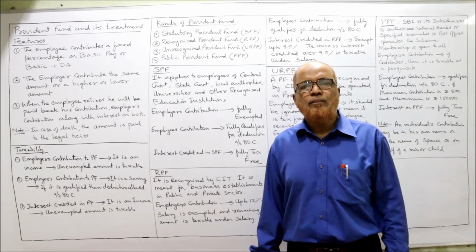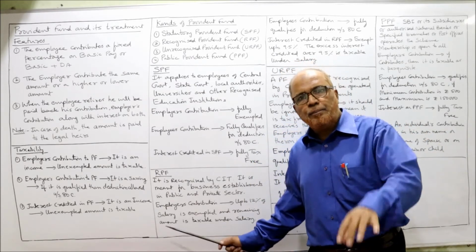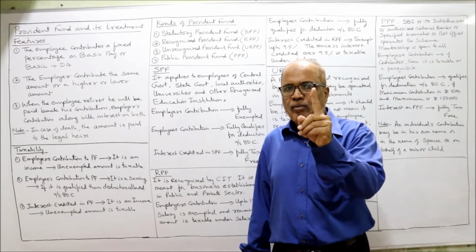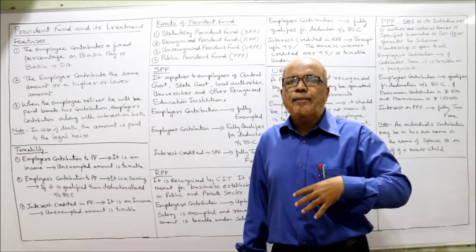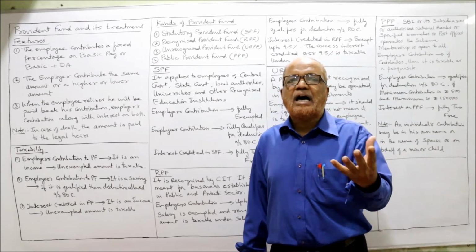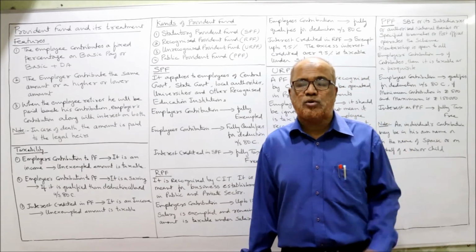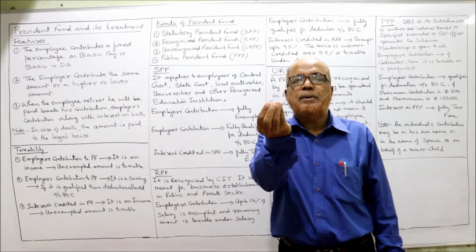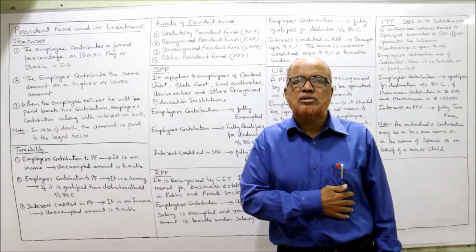Simple example I'll give you. Suppose Mr. X is working in ABC company, in which RPF is applied. His annual salary is 1 lakh. Employer contributes 15,000 rupees in his RPF. The Income Tax Act says up to 12% is exempted. So 1 lakh rupees, 12%, is 12,000.